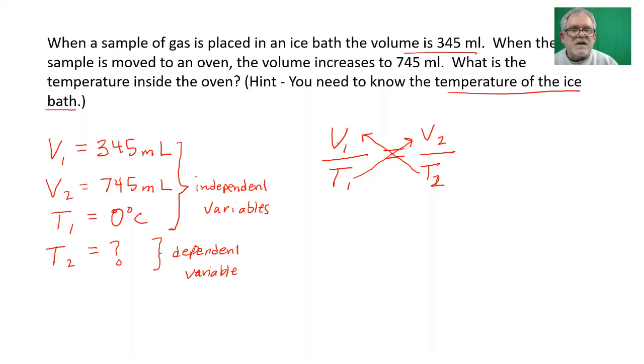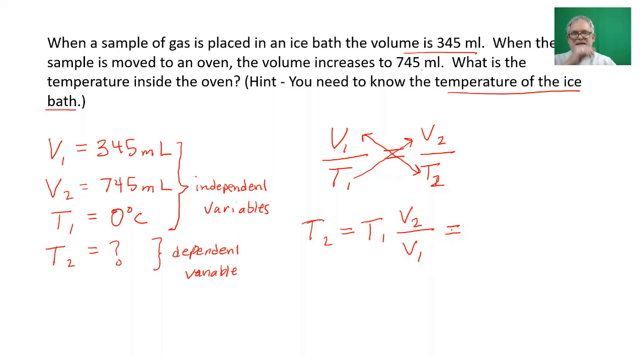And this V1 on the left is going to go from the top to the bottom. Okay, so our final equation is going to look like this. T1 will be on the top, V2 will be on the top divided by V1 on the bottom.